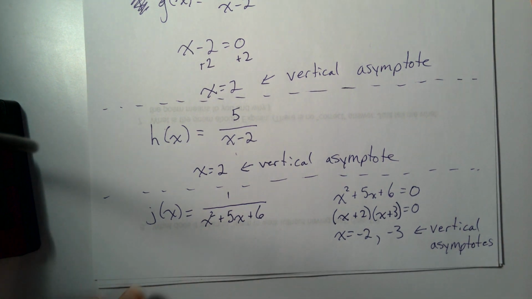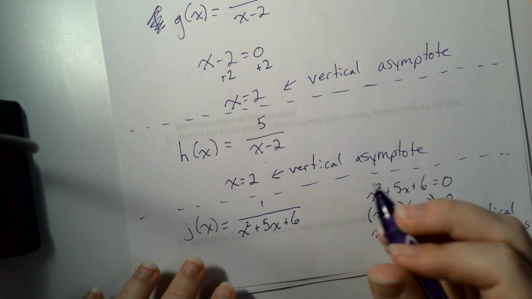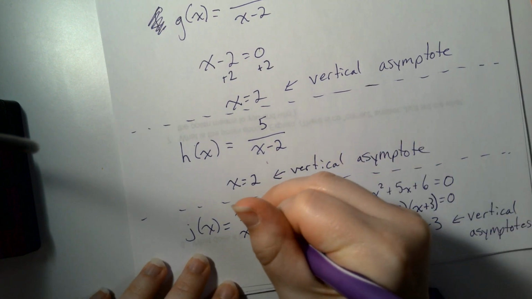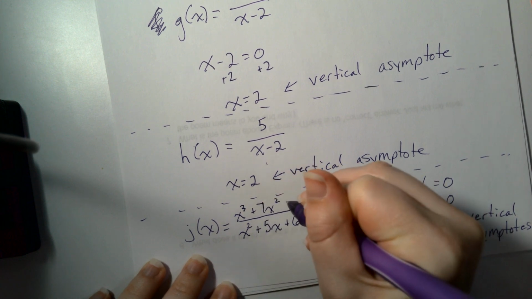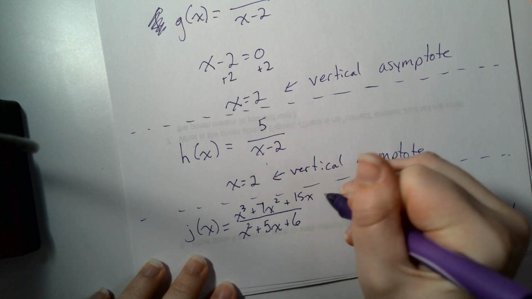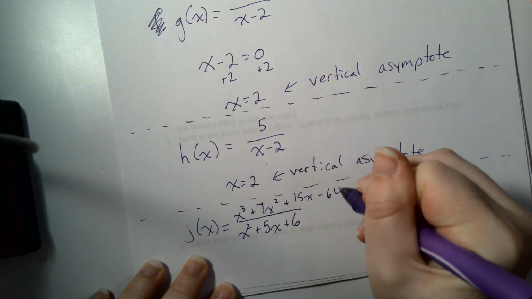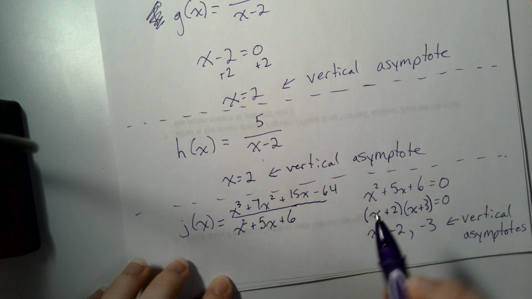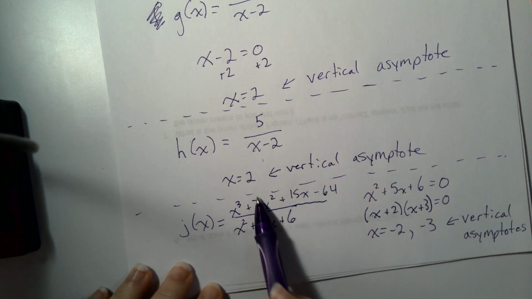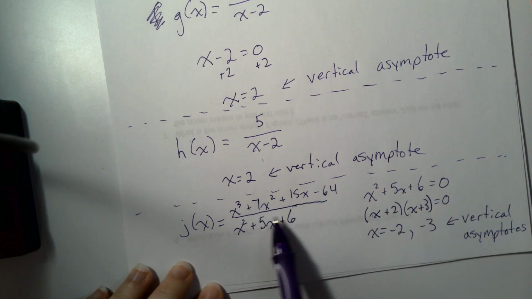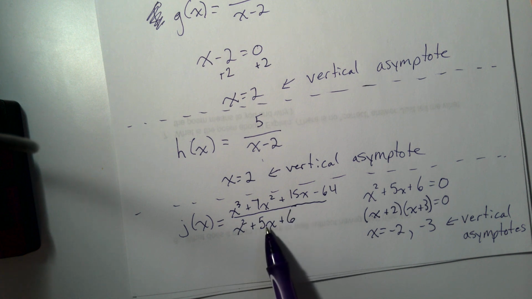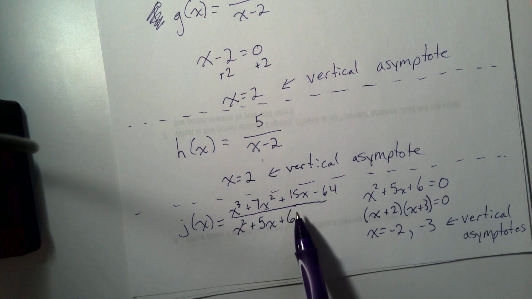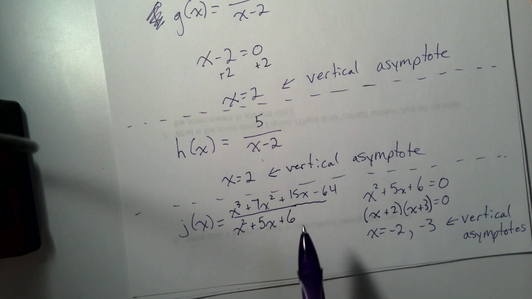And even if the top of this function was something really crazy like x cubed plus 7x squared plus 15x minus 64, we don't care, because the bottom is still the same. The same thing is going to make the bottom 0. So we don't care what's up here. We would get the same answer as we did when there was just a 1 on the top.